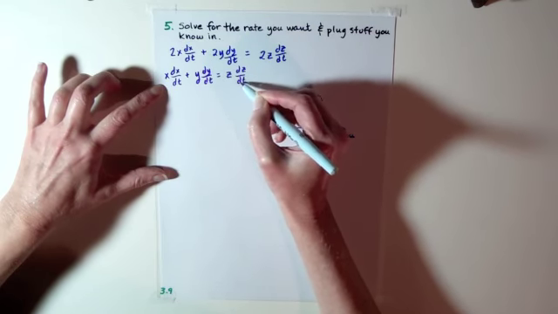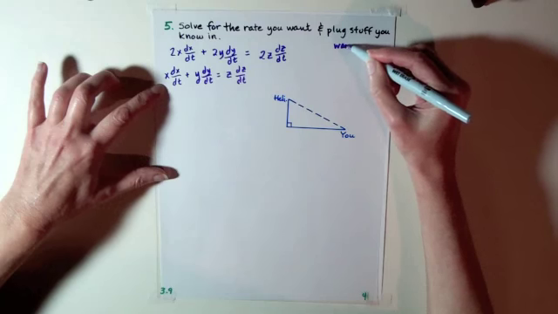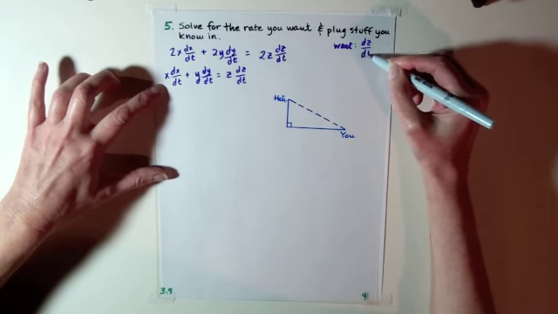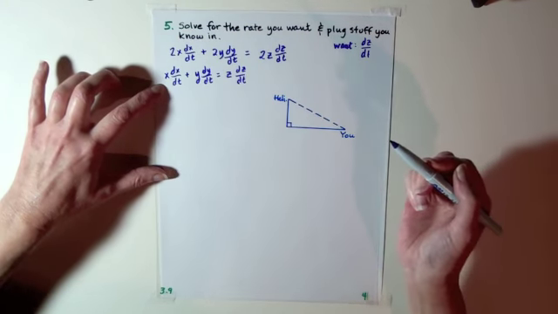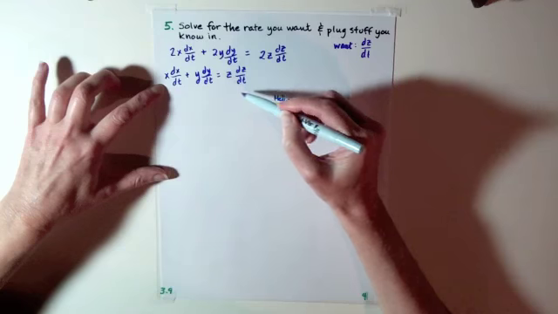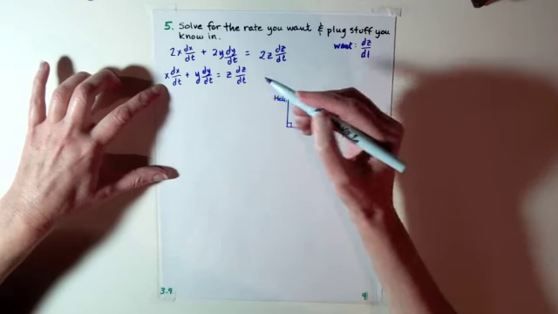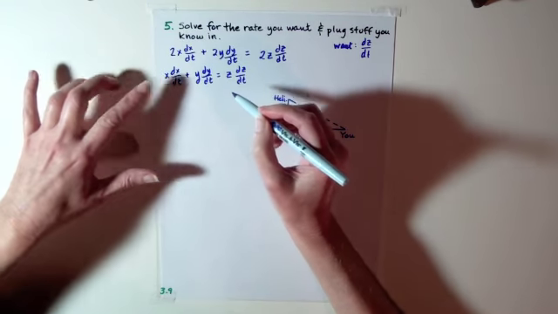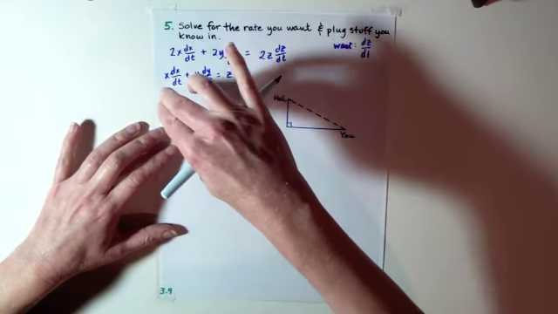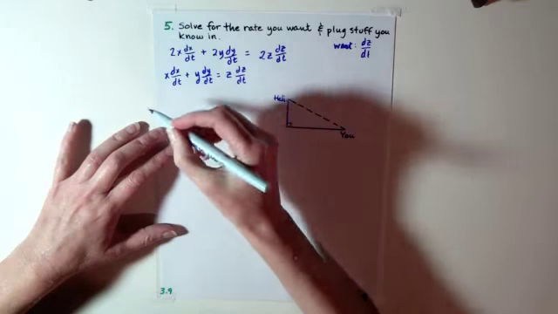And remember that what we were looking for on the previous page, the rate that we wanted, was dz dt. So let's go ahead and solve for the rate that we want, and all we mean by solving for the rate that we want is isolating the dz dt on one side of the equation. So I'm going to do that by dividing both sides by z. I'm also going to turn both sides of the equation around, moving the left side to the right and the right side to the left.